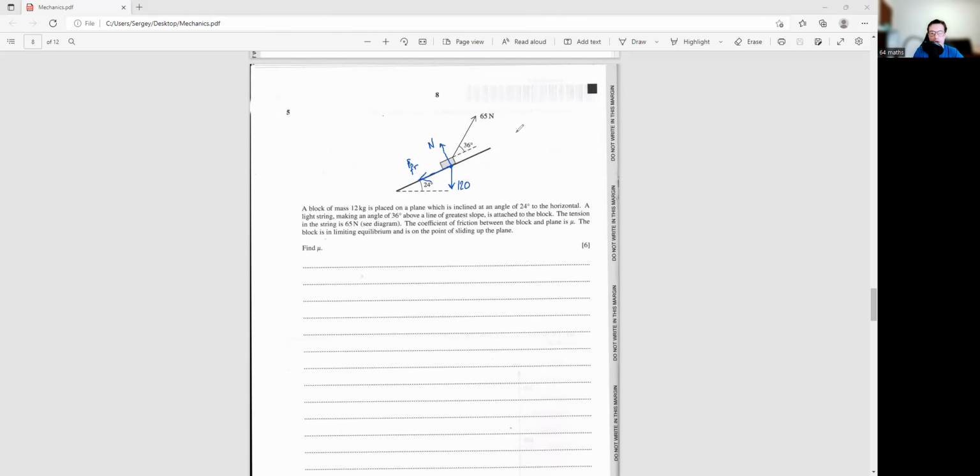Also, let's choose X and Y axis. It's always a good idea to choose X axis along the plane, and Y axis is going to be perpendicular to this plane. Now, this little angle between the weight and y-axis is always the same as the angle of the inclination of the plane, which is 24.